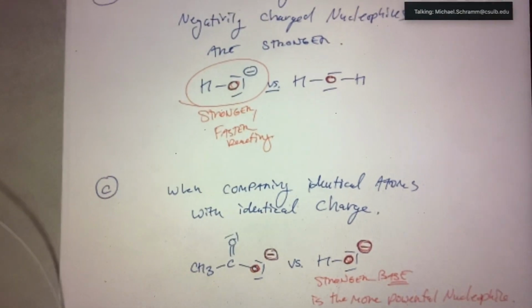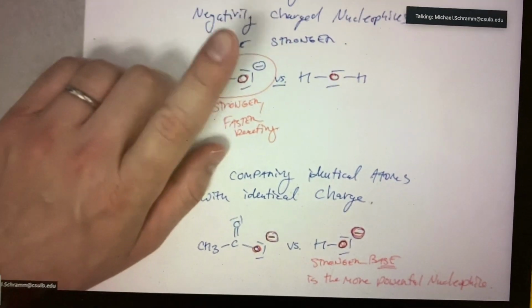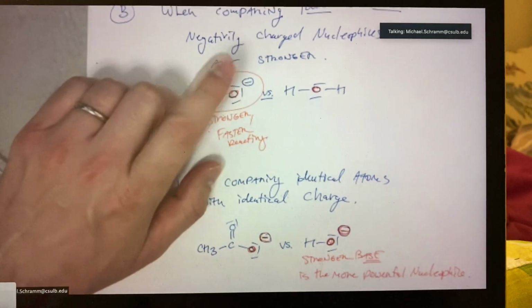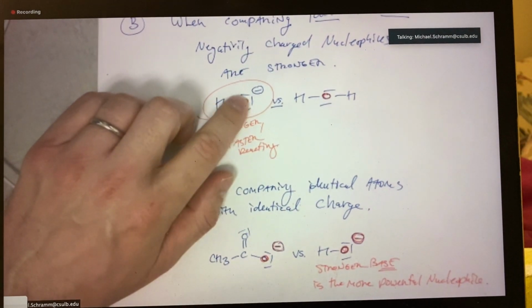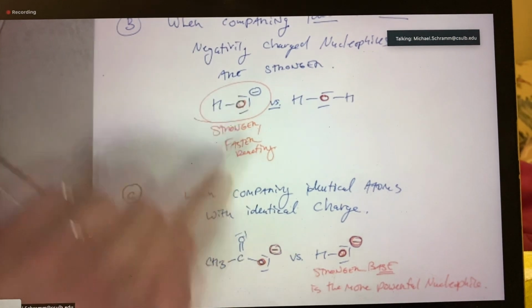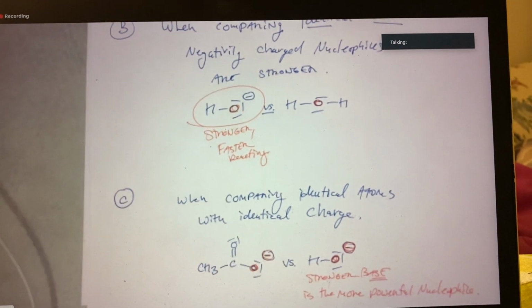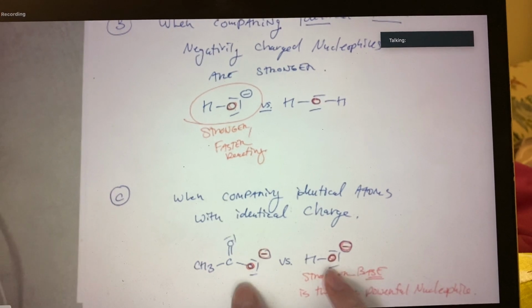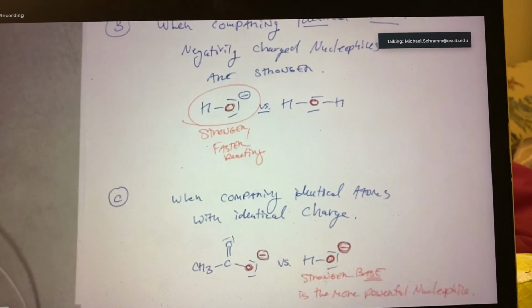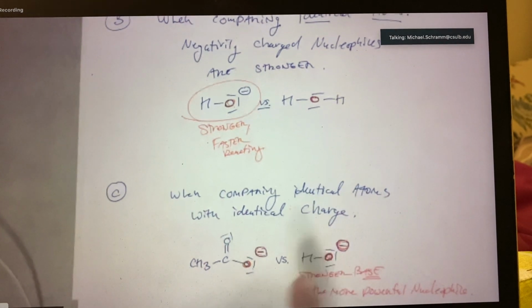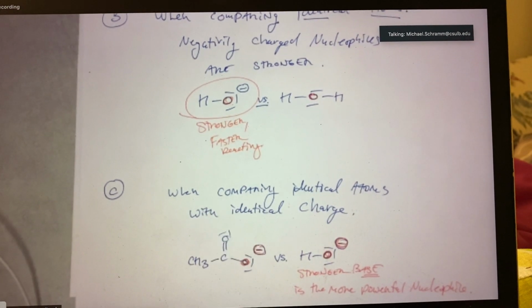The second trend, we have negative charge species. They're more willing and more reactive and more desirable to react with something to make a stable bond. When we have two species, same charge, you have to look at the overall molecule and understand which one's the stronger base. For these two, you should very rapidly be able to figure out that hydroxide is the stronger base than acetate.